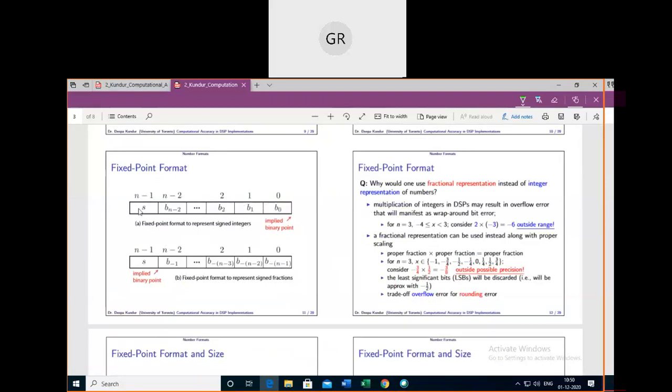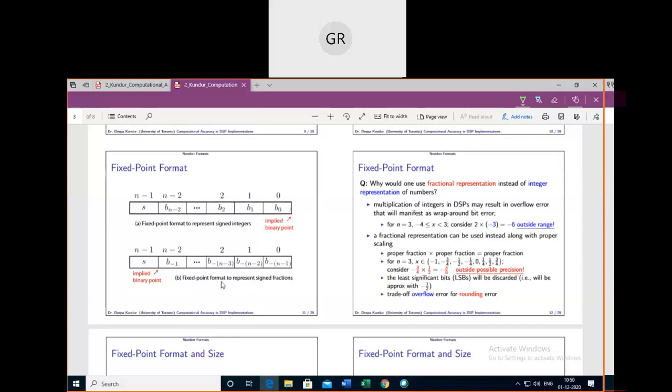This is the signed integer format here. S, b of n minus 2, down to b2, b1, b0, these are the binary digits. S is the sign bit. The binary point will come here at the end.